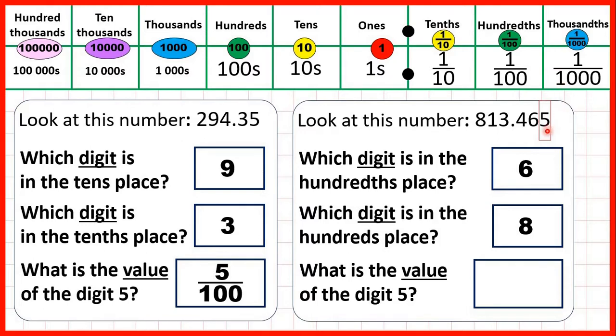So, this 5 stands for 5 thousandths, and we can write 5 thousandths as 0.005, so that the 5 is the third digit after the decimal point, and it has to be the third digit, because if it was the second digit, it would be in the hundredths, and if it was the first digit after the decimal point, it would be in the tenths. So we show 5 thousandths as 0.005, and that's the same if we express the value as a fraction as 5 over 1,000.